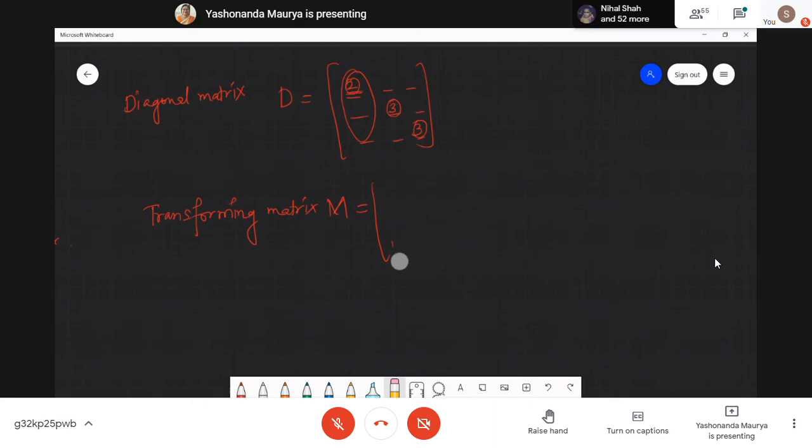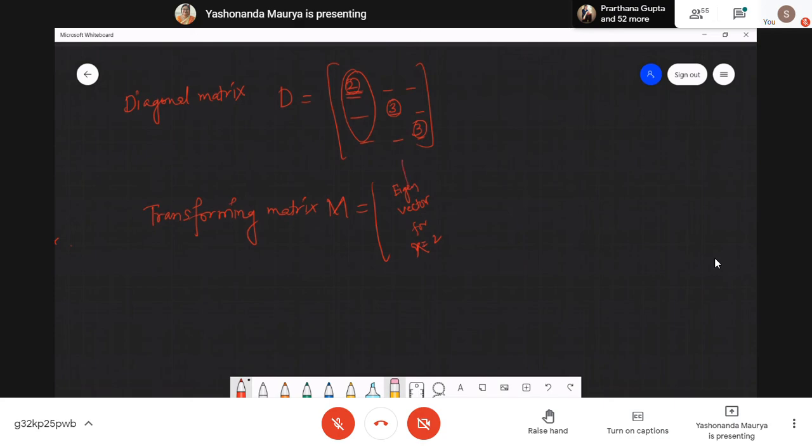So the first column over here will be the eigenvector for lambda equal to 2.